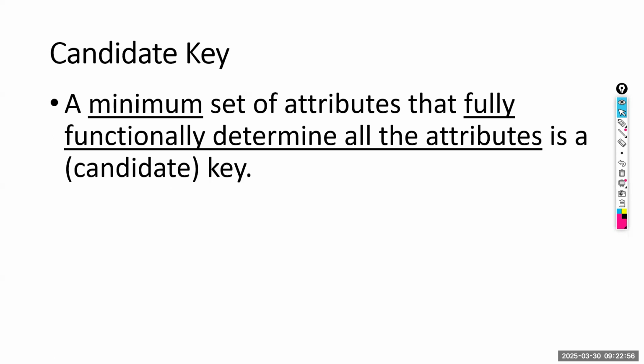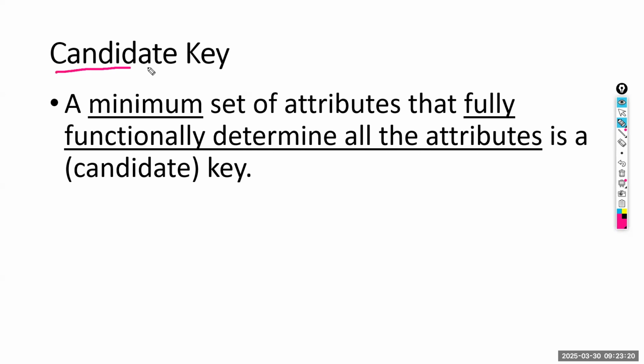That means a candidate key must be able to uniquely identify a record in that table. So out of these candidate keys, we select one key as the primary key. Then other candidate keys are called alternate keys. Now we are going to define the candidate key using relational theory.